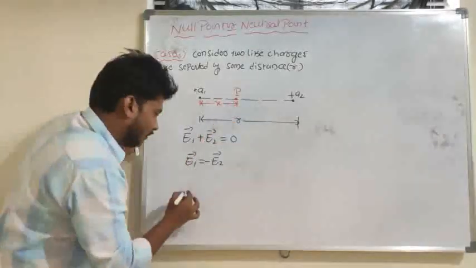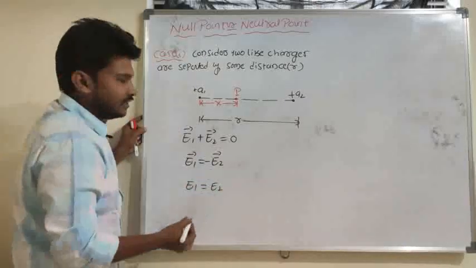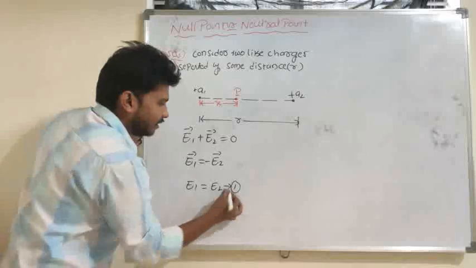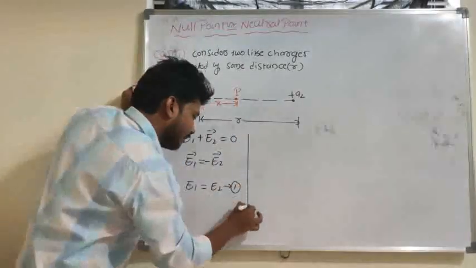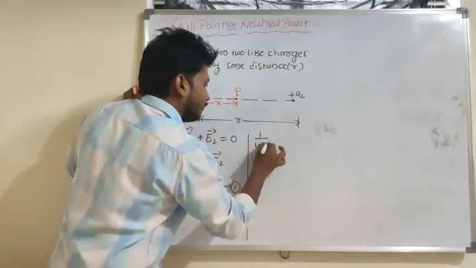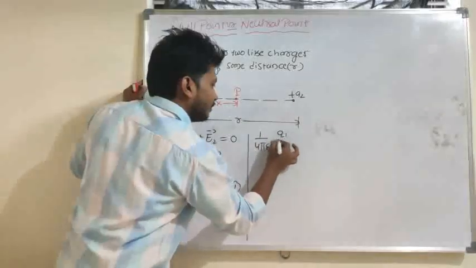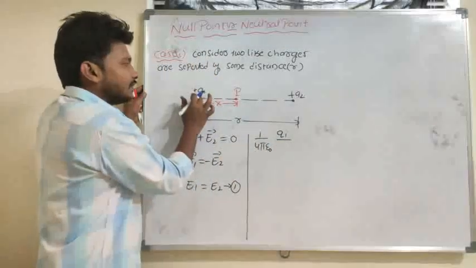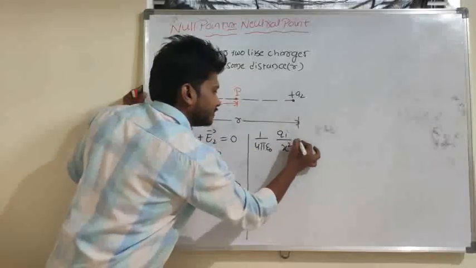If I consider only the magnitude, E1 is equal to E2. So the electric field strength formula is 1 by 4 pi epsilon naught, first charge q1, and the distance between q1 and the null point is x, so x squared.